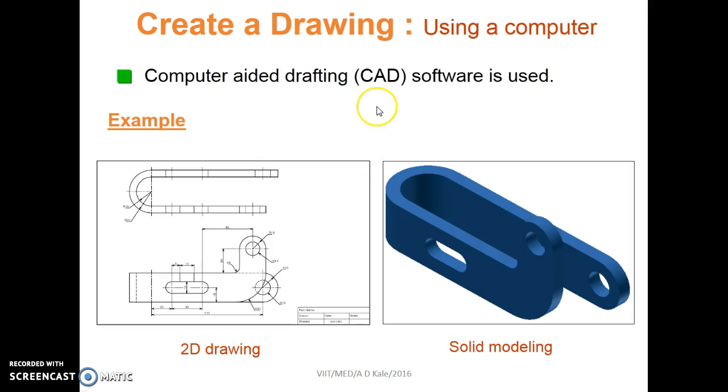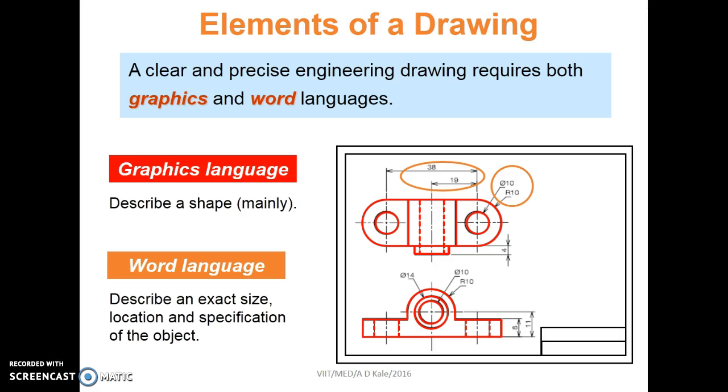This is the third way to draw the three-dimensional object, by using solid modeling, by using computer software, that is CAD software, or by using AutoCAD or other software with the help of which two-dimensional drawings also can be created. But in the first semester, we are not going to use the computer to draw the drawing. In the second semester, the students are expected to learn these techniques.